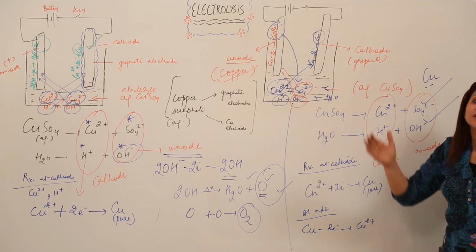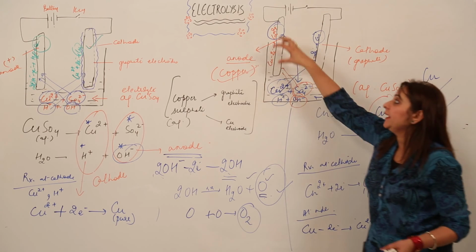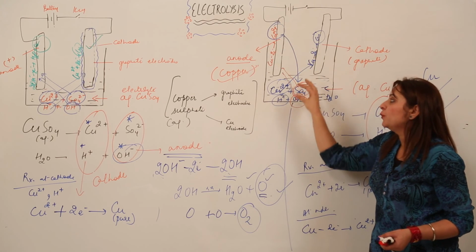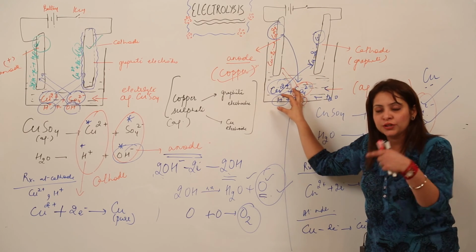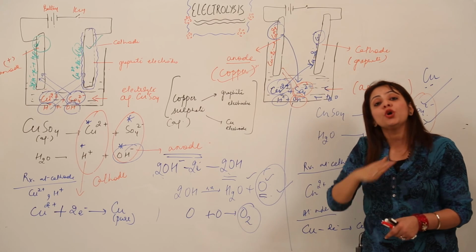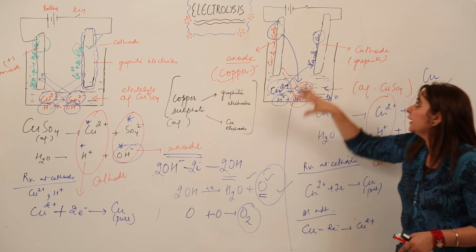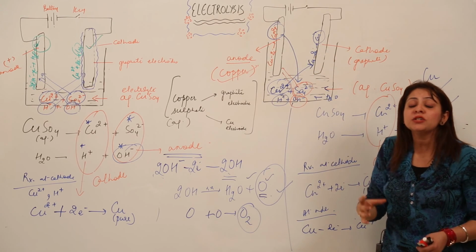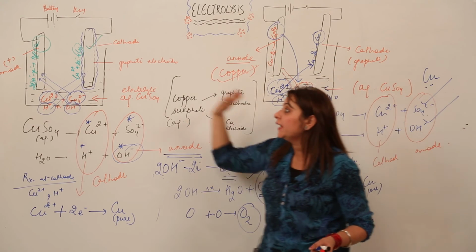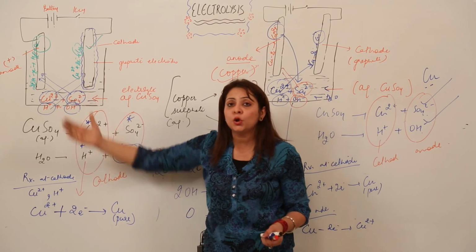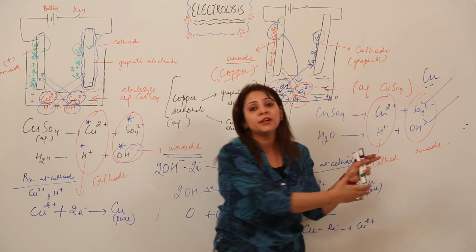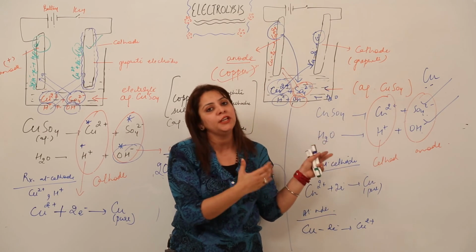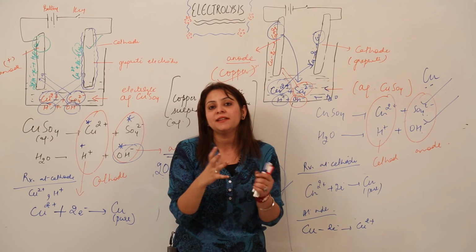It is the copper which gets oxidized, forms the ion, and migrates into the solution, and from the solution all the Cu2+ ions are taken to the cathode, where they are again reduced, and as a result we get the coating of copper on the cathode. So you just have to make the difference.